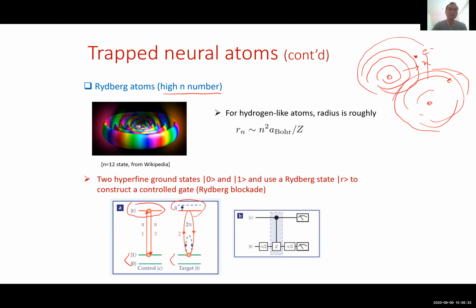If you try to bring, for example, the one state into these high orbital states, with two such atoms, they will interact, and that interaction will give rise to some phase. This is usually called a Rydberg blockade, and they can use this to get a controlled-Z gate.